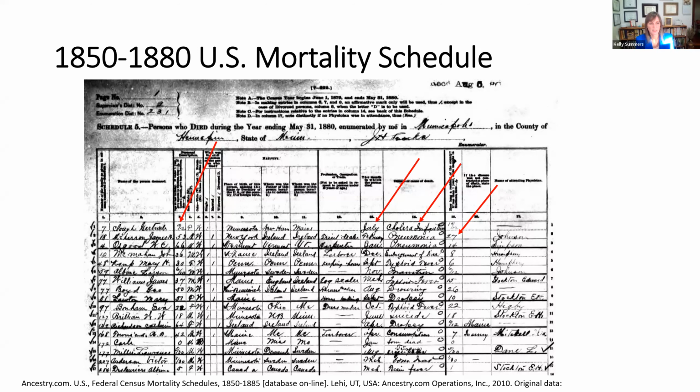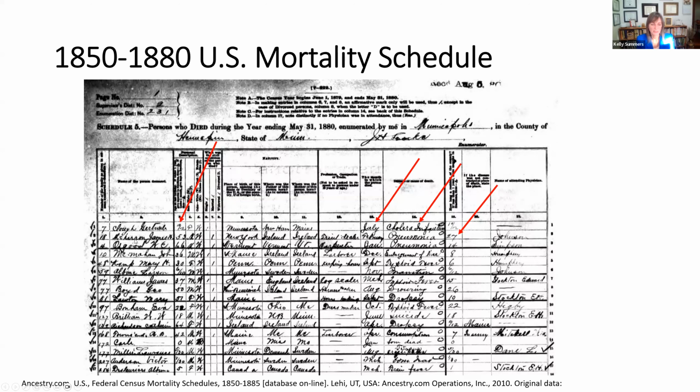So we have Gertrude Clow. She was 10 months and female, white, born in Minnesota, mother in New Hampshire, father in Maine, and she died in July of cholera.